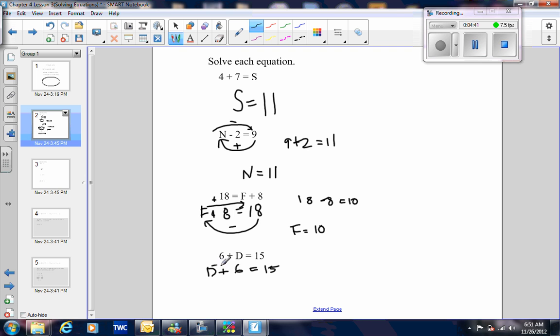And again, now if I'm adding in this direction, I should be able to start at the end and come back and subtract. 15 minus 6 would be 9. That means that d would equal 9. All right.